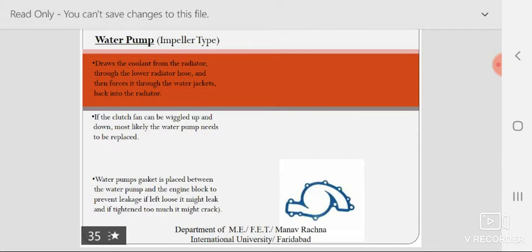So what happens? Coolant comes in the upper hose of the radiator, gets cooled, comes to the lower hose, goes to the water jackets of the cylinder, and from there it comes back to the radiator. If the clutch fan can be wiggled up and down, most likely the water pump needs to be replaced.